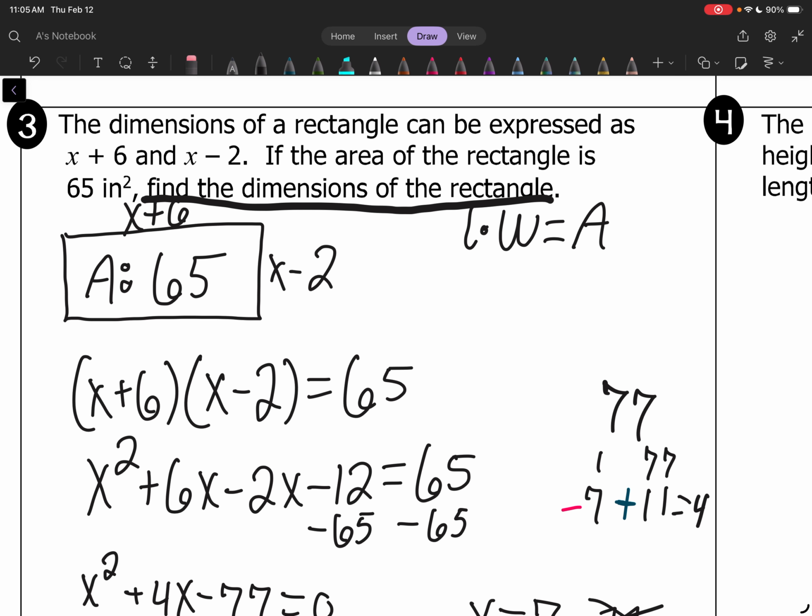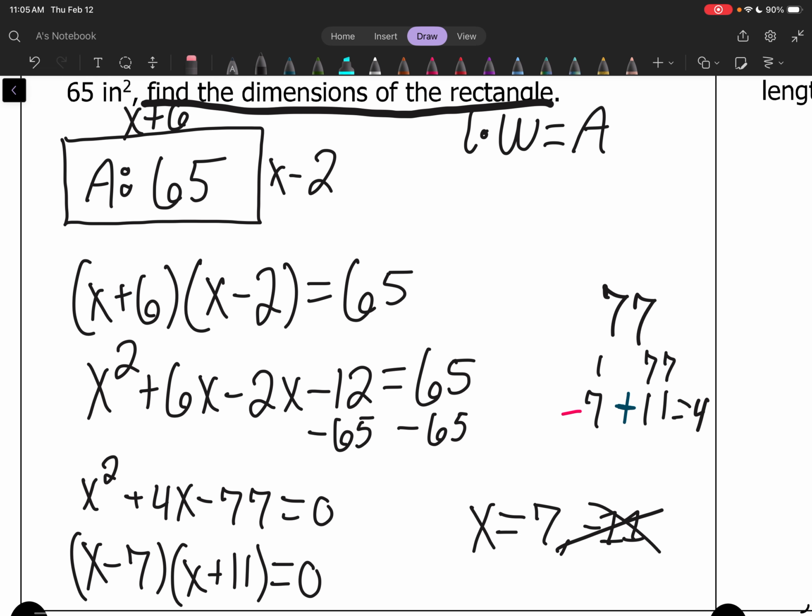What I have found is x. So I'm going to plug this in. You can label length or width if you want. I'm just saying dimensions. Seven plus 6 and 7 minus 2. 13 and 5 are my dimensions.